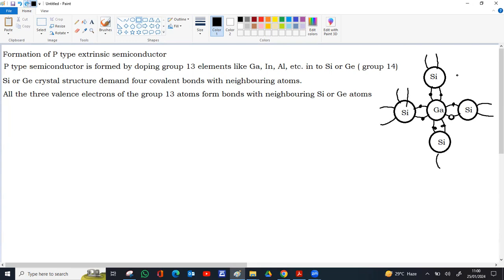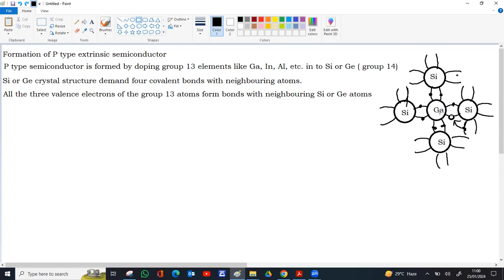Now, since the structure of silicon demands 4 bond formations for stability, these gallium atoms, group 13 atoms, accept 1 electron from the valence band of silicon. So all 4 bonds are completed for the group 13 atom and it's stable in the structure, but a hole will be formed in the silicon structure.